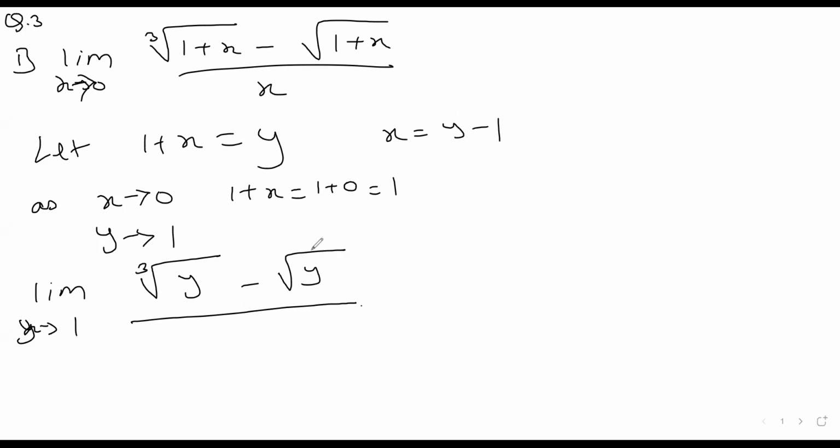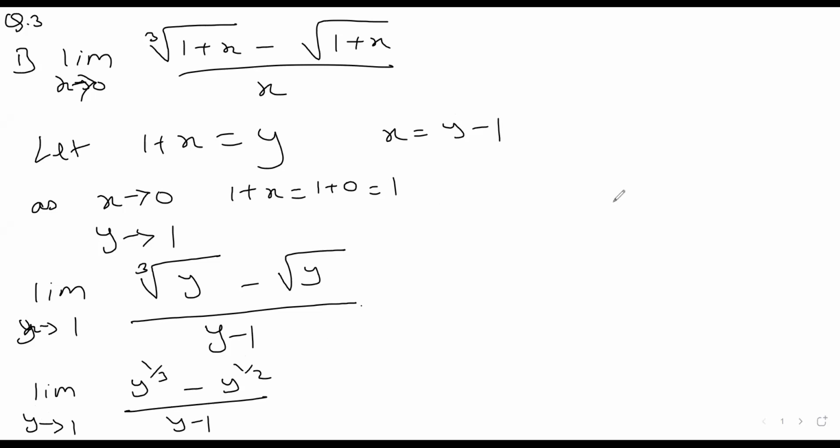Can we? So I will write y minus 1. Yes. So we can write down this as limit y tends to 1, y raised to 1 by 3 minus y raised to 1 by 2 upon y minus 1.